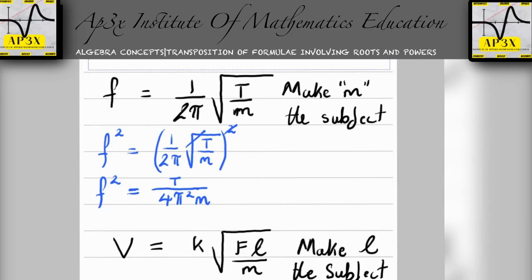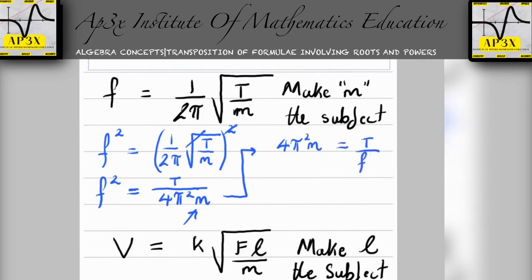Now we have to get m to be the subject. Here you recognize that our required subject is again in the denominator, so we can do that little swap. So we can put 4 pi squared m in the position of the f squared, and then put the f squared in the position of the 4 pi squared m.